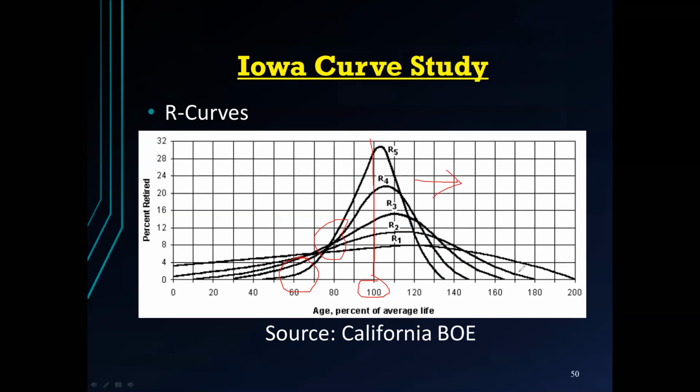And we'll talk about why that's what we use. But that's all it's saying, that the majority of assets are going to hit their average life and actually exceed their average life. Okay, and we'll spend more time on the R curves because that's what we use.